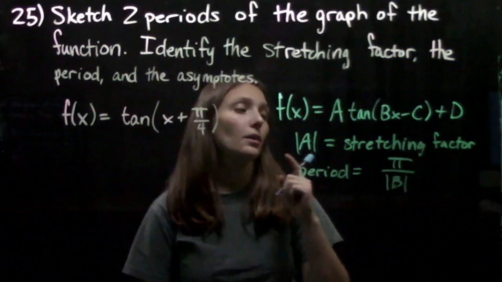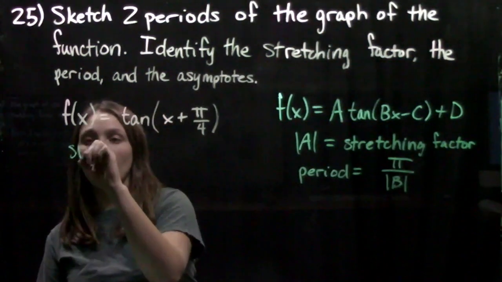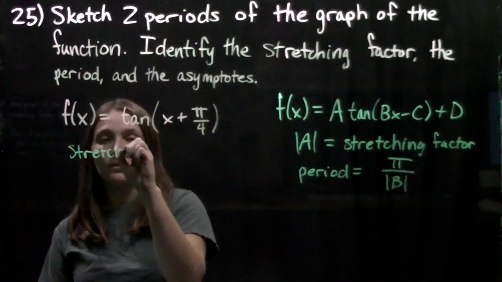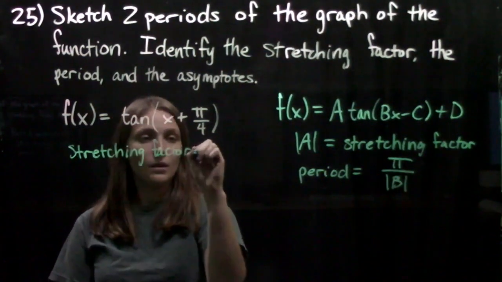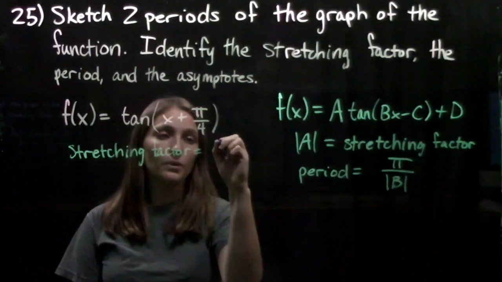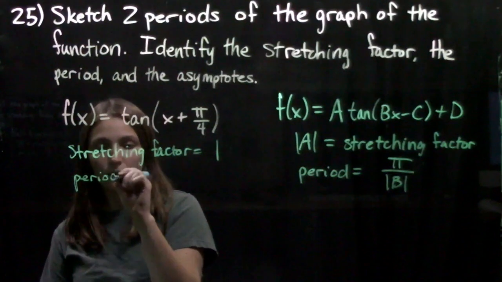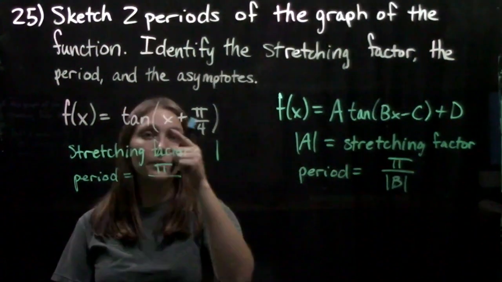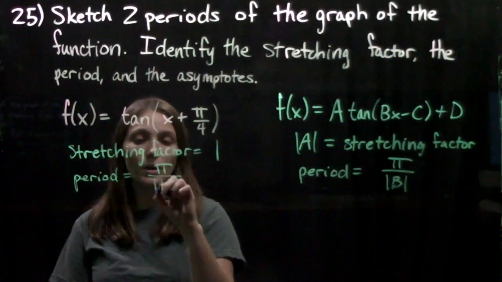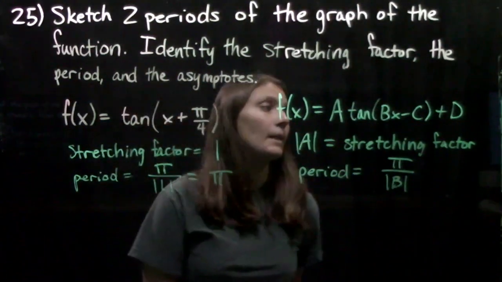So in this case, our stretching factor is the absolute value of a, and our a in this case is 1, so we have a stretching factor of 1. We have a period of pi over the absolute value of b. In this case, our b is 1, so our period is going to be pi.